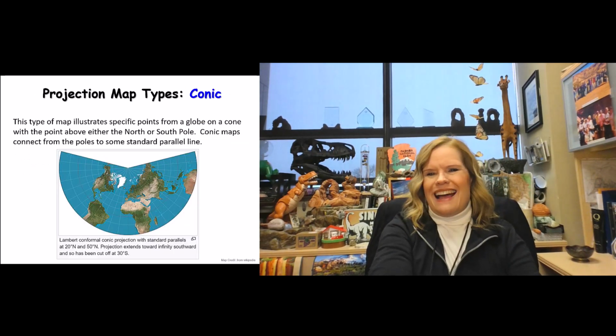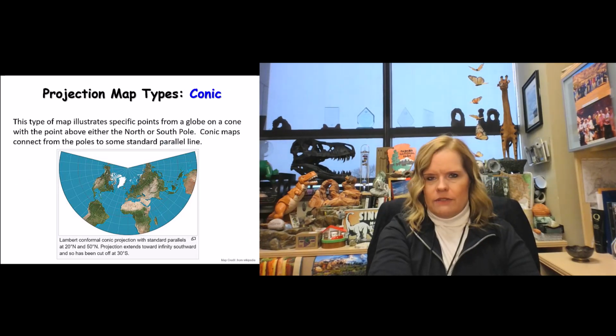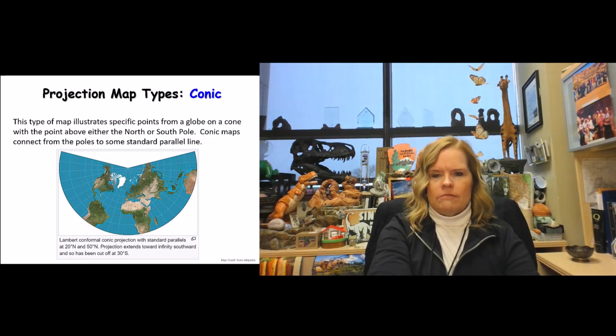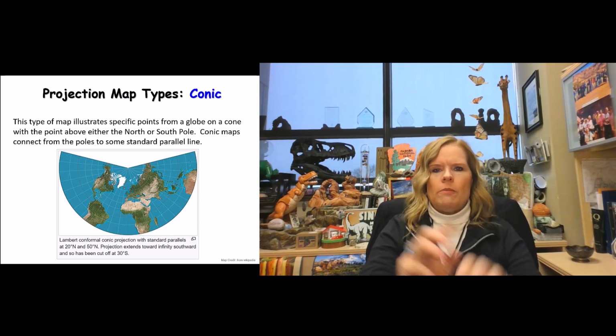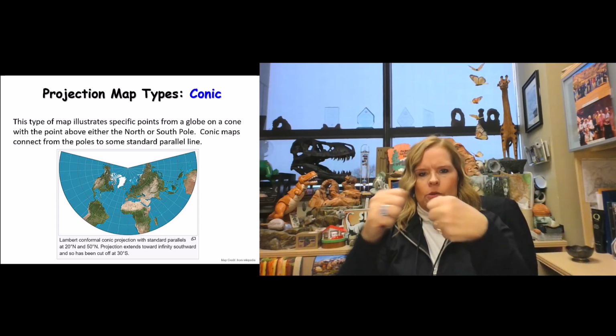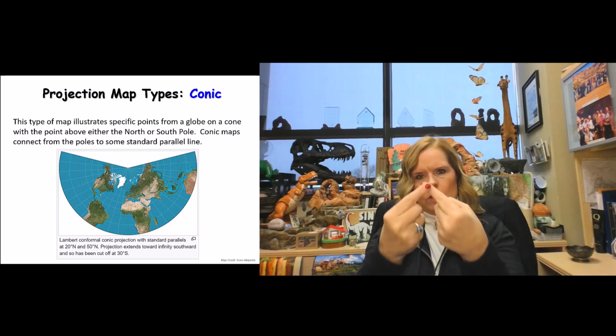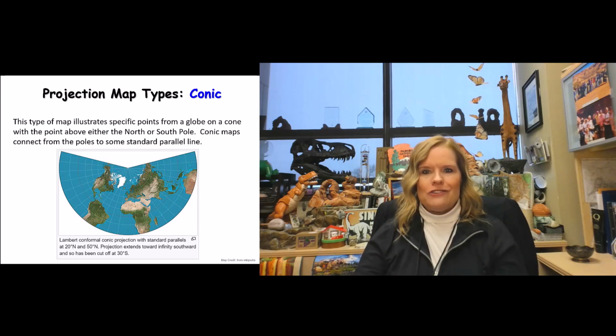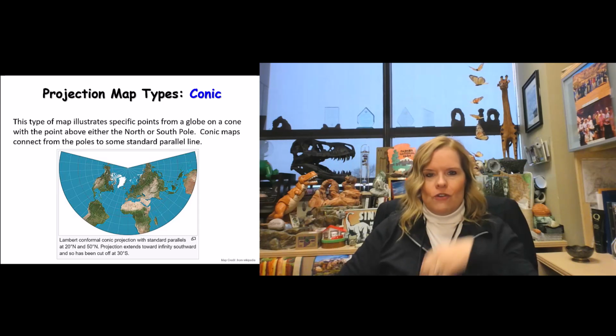That brings us to conic maps. And there's a variety of types of conic maps, but this is just the general Lambert type of conic map. And this one illustrates points on a globe based on if you were to make this wrap around, it would join up and look like a little cone, an ice cream cone or a snow cone inverted.